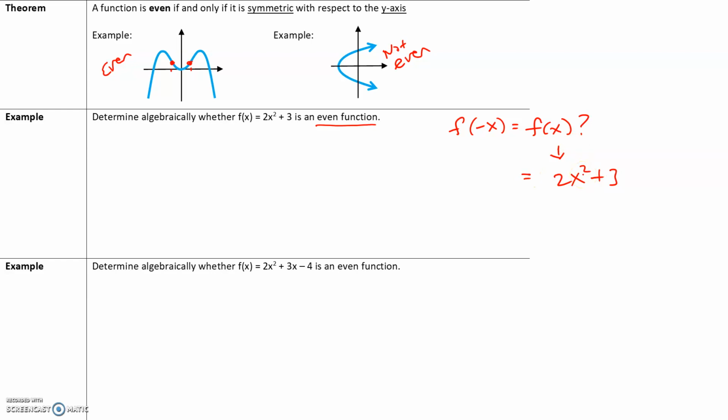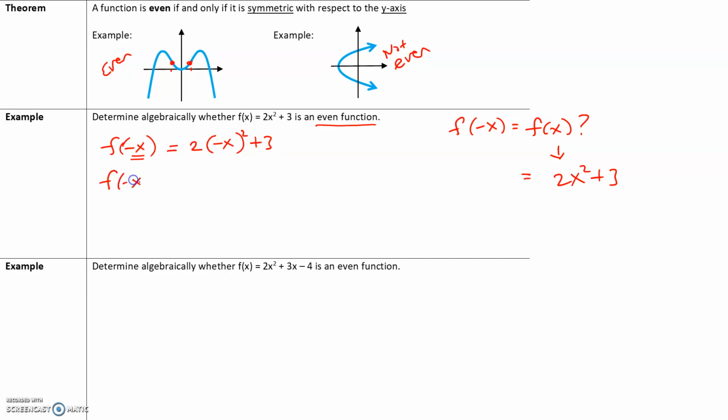We have to now calculate what is f of negative x. For that, remember that the parentheses contains the input, and the input replaces the x in the expression to the right. So instead of saying 2x squared plus 3, this x gets replaced with whatever the input is. So we have 2 times our input, which is negative x squared, plus 3.